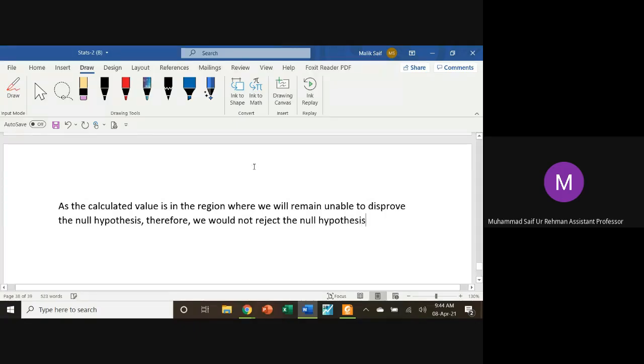So you may give any statement like this in this step.